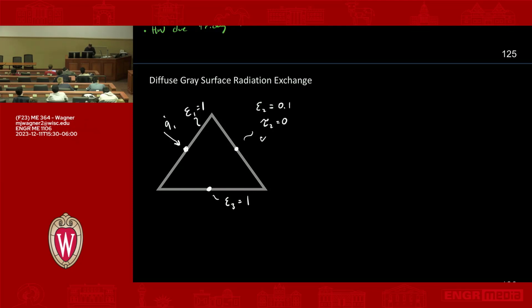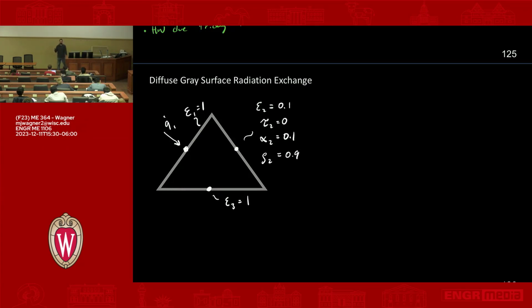Let's say that this is a diffuse gray surface, so absorptivity is equal to 0.1 as well, because absorptivity equals emissivity. And then that leaves the reflectivity, rho 2, to be whatever is not absorbed. So in this case, that's going to be 0.9. So now we have this second surface that's doing some kind of interesting things.